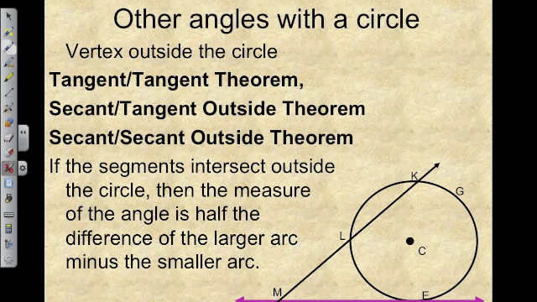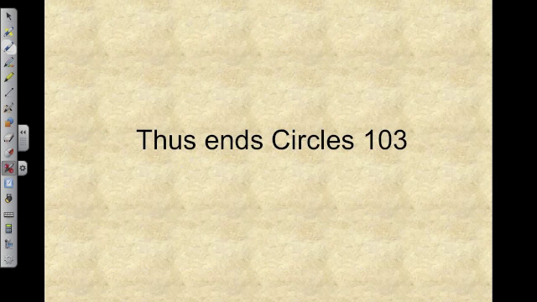Okay, so now we've talked about all the angles that are formed in a circle. If I have an angle where the vertex is at the center, I know the angle and the arc have the same measure. If I have an angle that is formed by two chords or two segments intersecting inside the circle, I know I have to find the two arcs, add them together, and divide by 2.